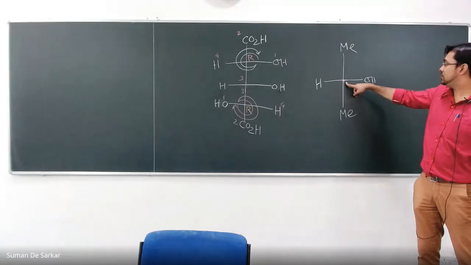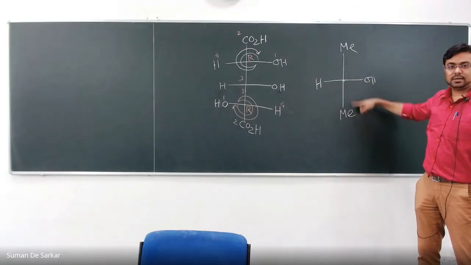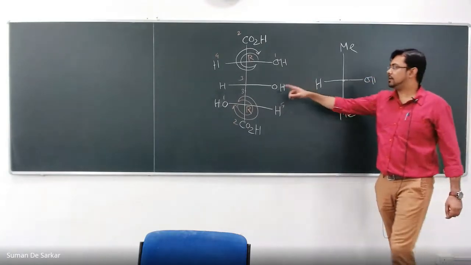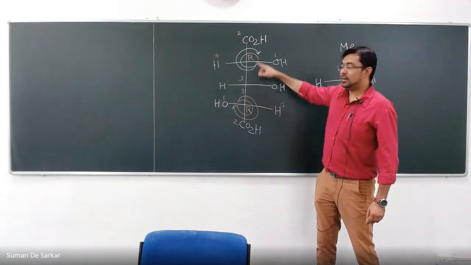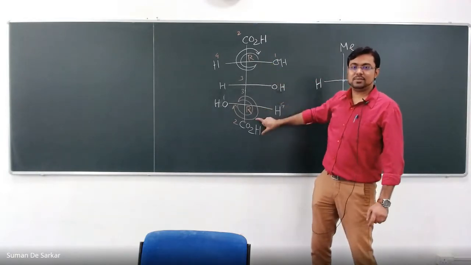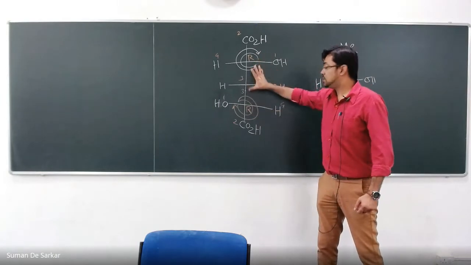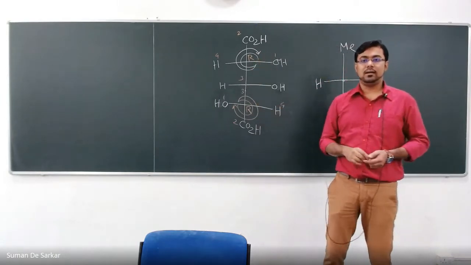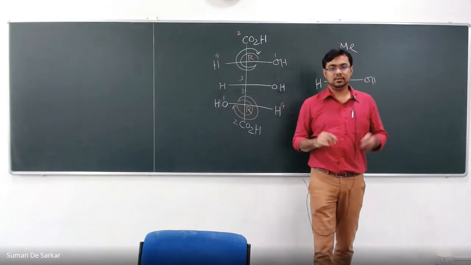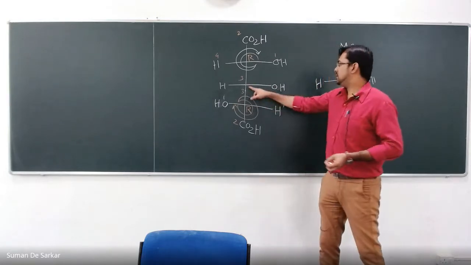Why not? Because it has two identical substituents. Same here. Only difference is here the 2 substituents are chiral groups, but both are the same, both are R. So in this case also, it's not a chiral center.